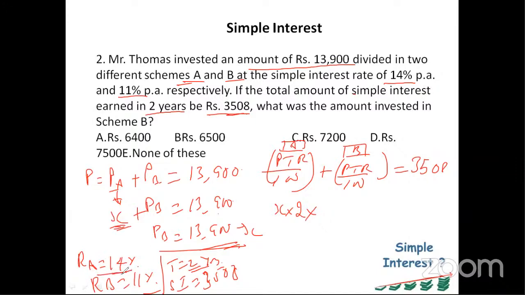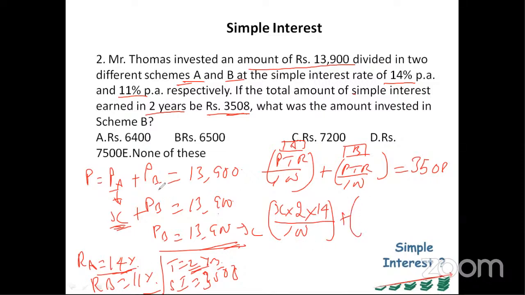RA, first scheme 14%. I will write 14 divided by 100. The principal is X because we don't know the principal amount. Term T is 2 years given. Rate of interest 14 is given, divided by 100, plus.